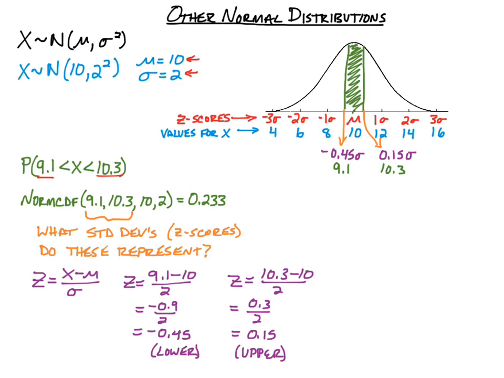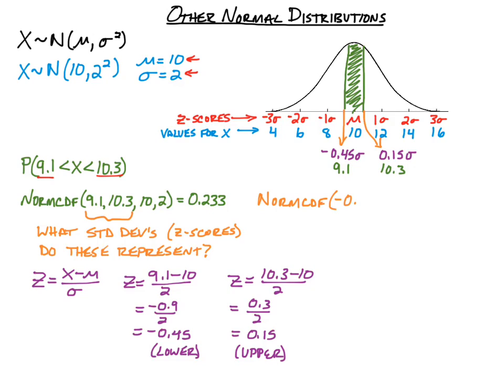And I say standard deviation, but I really mean z-scores for this negative 0.45 and the 0.15. We call them standard deviations because that's what they are, but they represent the z-scores. So don't think that the value of the standard deviation is changing. This is just what placement 9.1 correlates to within the standard deviation range. So both of those things are your z-score or your x value, right? So that's what that means.